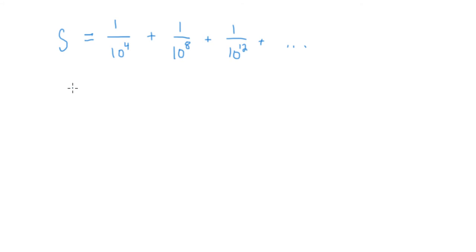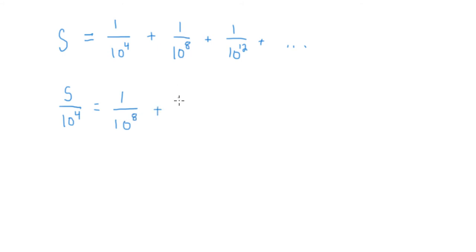And now look at what happens if I take S and divide it by 10 to the fourth. What is that going to do? Well, it's the same thing as multiplying by 1 over 10 to the fourth. And we've already seen what happens to these terms in this geometric sequence when I multiply by 1 over 10 to the fourth. When I multiply 1 over 10 to the fourth by 1 over 10 to the fourth, I get 1 over 10 to the eighth.